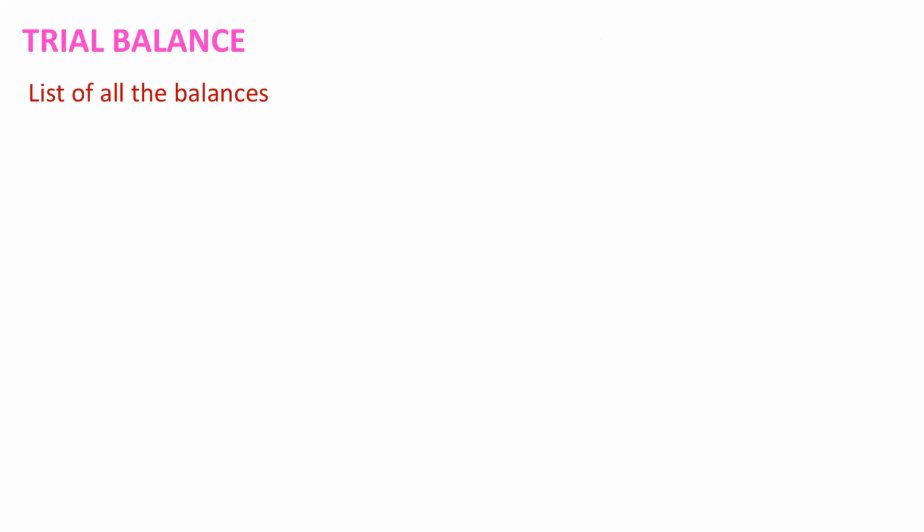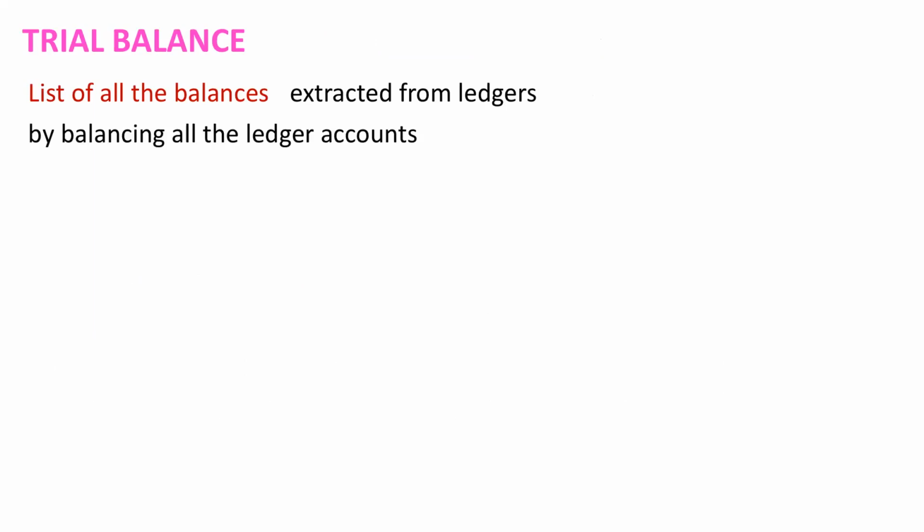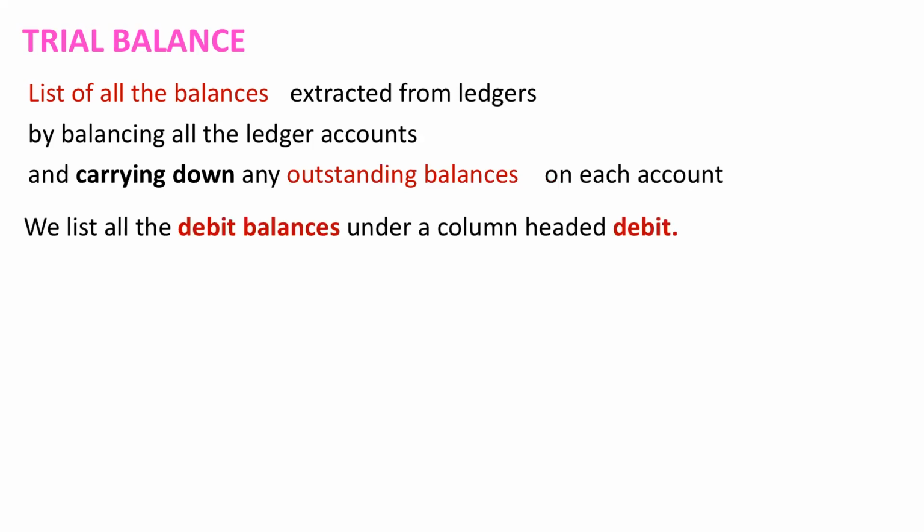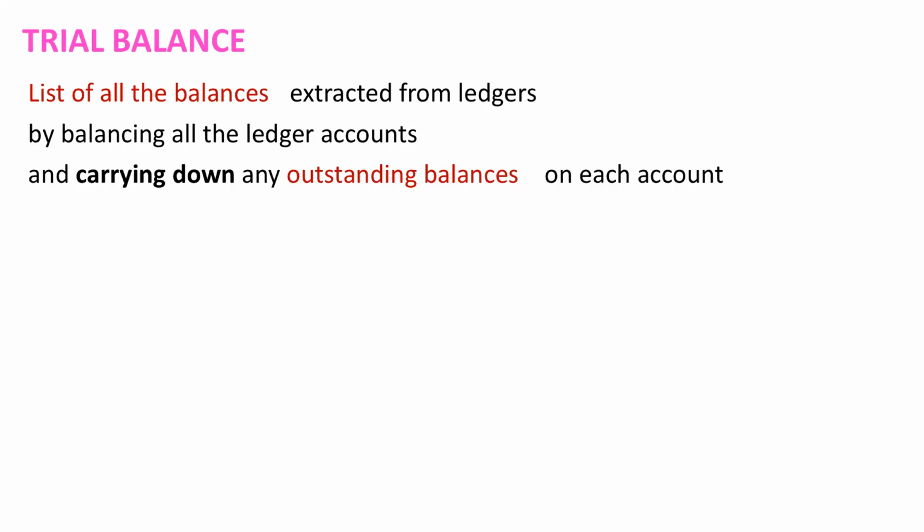Let's see what a trial balance is in detail. It is a list of all the balances that I extract from the ledger, by balancing all the ledger accounts and carrying down outstanding balances on each account. Even the prepaids are carried down.